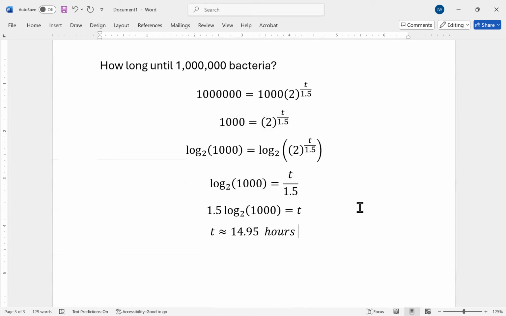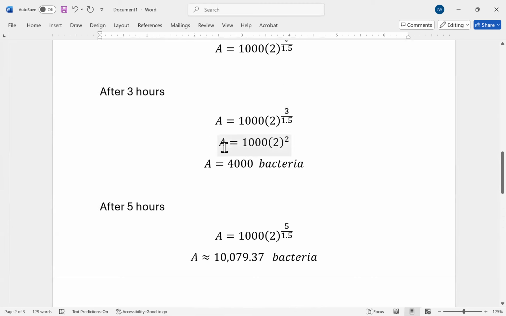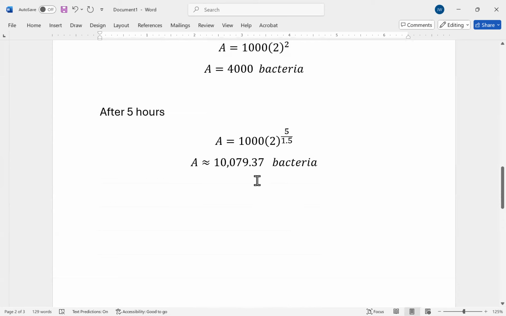So there you go. We see that we can solve how long it takes to get to a certain amount, and also, we can just plug in and see how much we have after a certain number of hours. And as always, check for the rounding that you would want. Like I said, I rounded this to 2 decimal places.